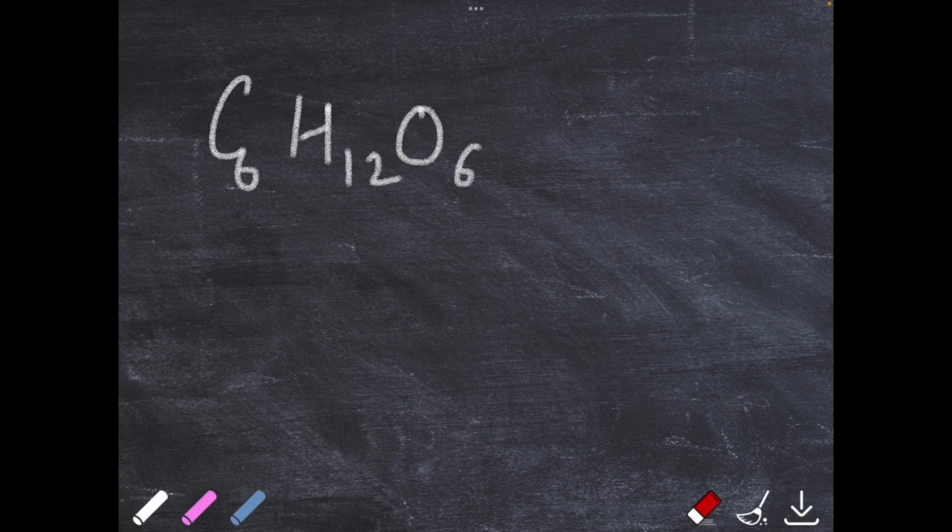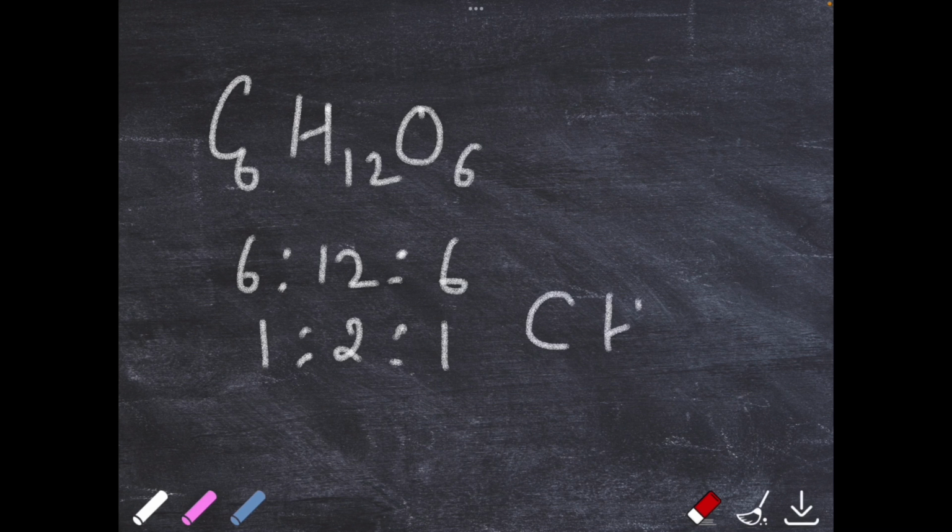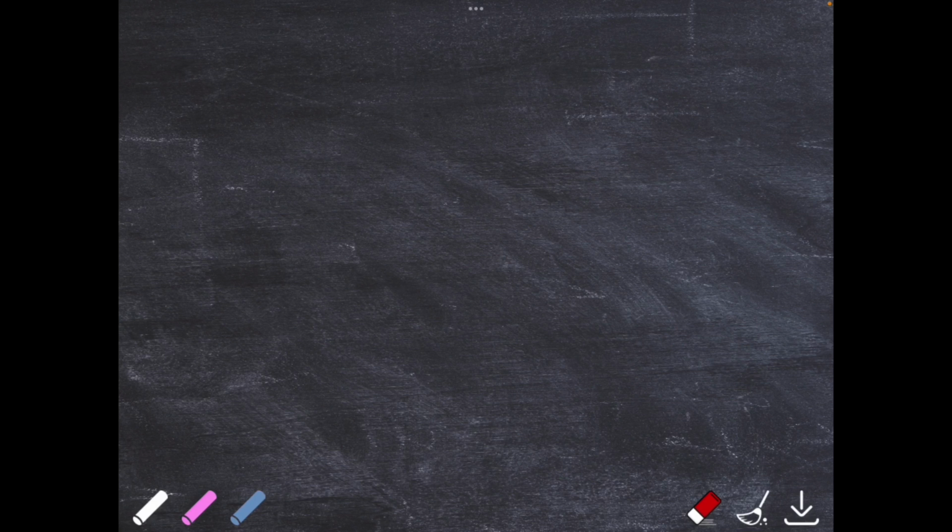Now if we look at the ratio of these atoms of different elements, we see the ratio 6:12:6, that is 1:2:1. So we can write this as CH2O. Now CH2O is nothing but the empirical formula. Same ways, in the benzene molecule C6H6, this is the molecular formula. It gives the exact number of atoms of carbon and hydrogen in the molecule benzene.